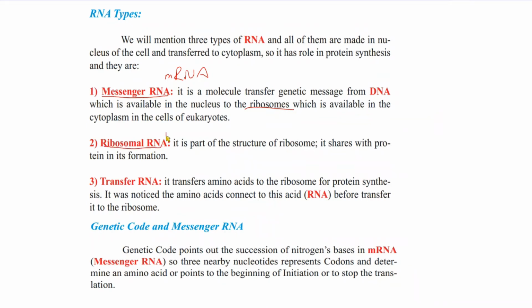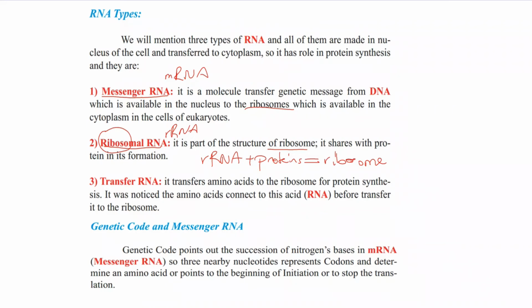The second is ribosomal RNA. From the name we can understand it is a part of the structure of the ribosome. It shares with protein in its formation, meaning the rRNA plus some proteins form the ribosome, and the function of the ribosome is building proteins.